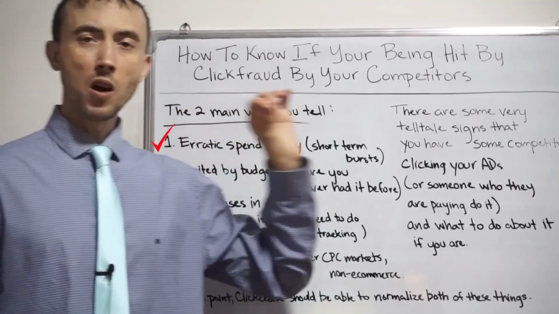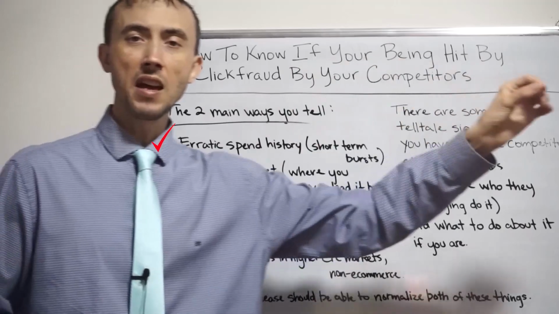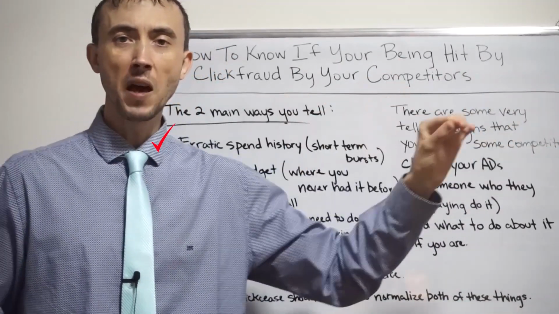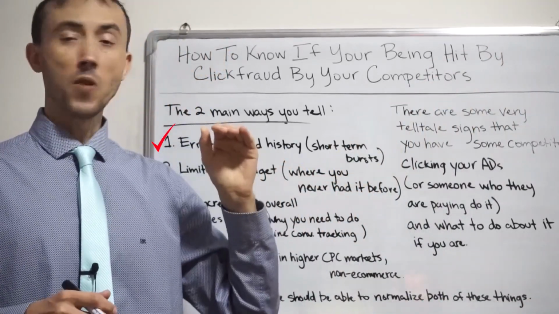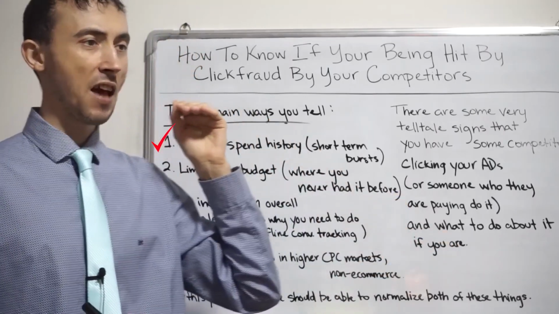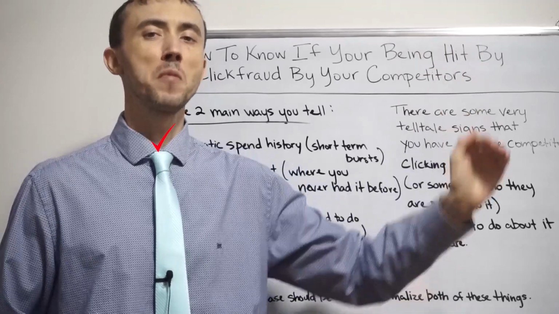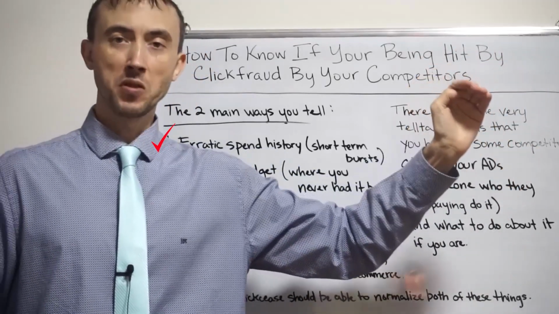You do a 90-day chart showing your daily spend on your account. For the most part, if you aren't making a lot of big changes in your account, that daily average spend will fluctuate, but within a certain margin, plus or minus 50% per day.